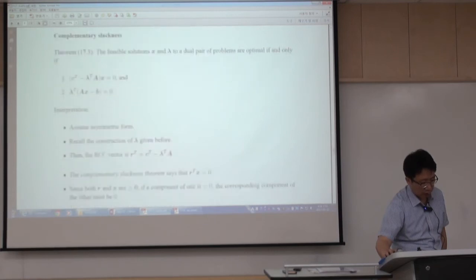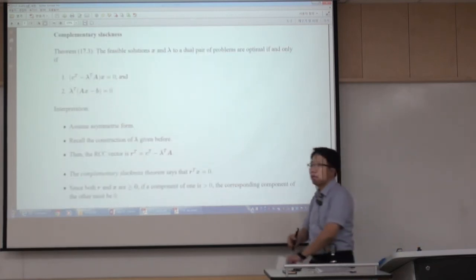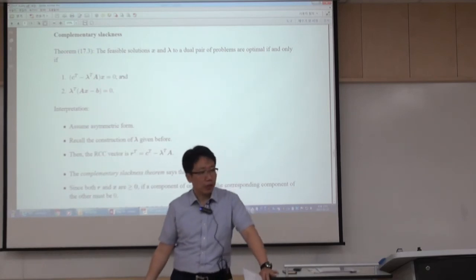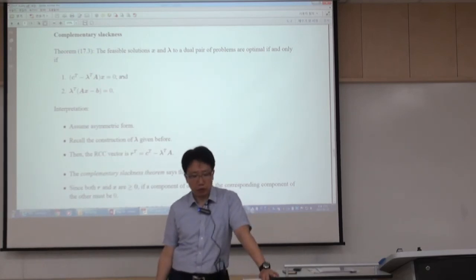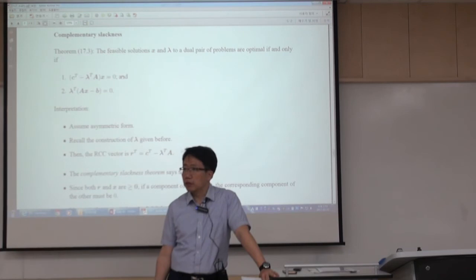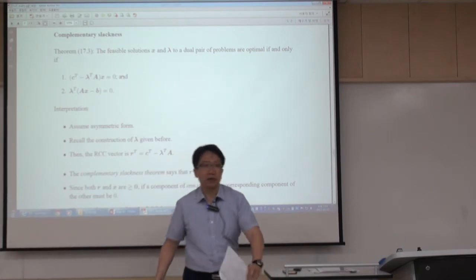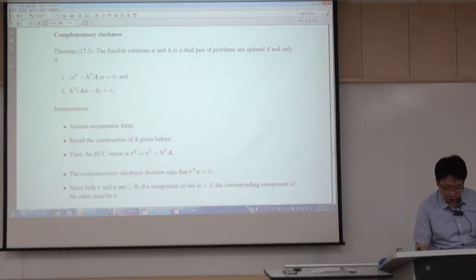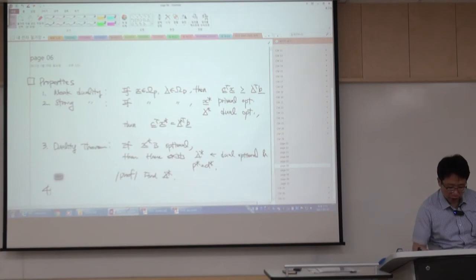Now let's see the complementary slackness. You remember what the complementary slackness was for the general primal and dual problems? We introduced lambda non-negative, transposed with the inequality constraint function.